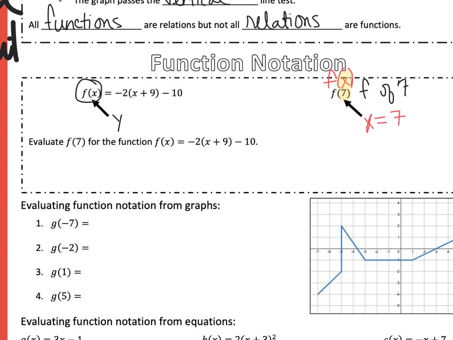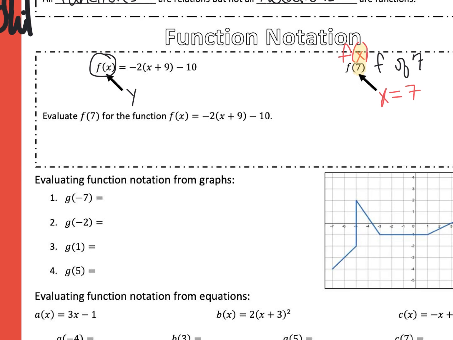It's just a fancy way of saying wherever you see x, you're going to plug in the 7. So evaluate is just another fancy word that means solve. Solve f of 7 for the function f of x. So notice the 7 is where the x is. So if I have negative 2 parentheses x, I'm going to put the 7 there, plus 9 minus 10.